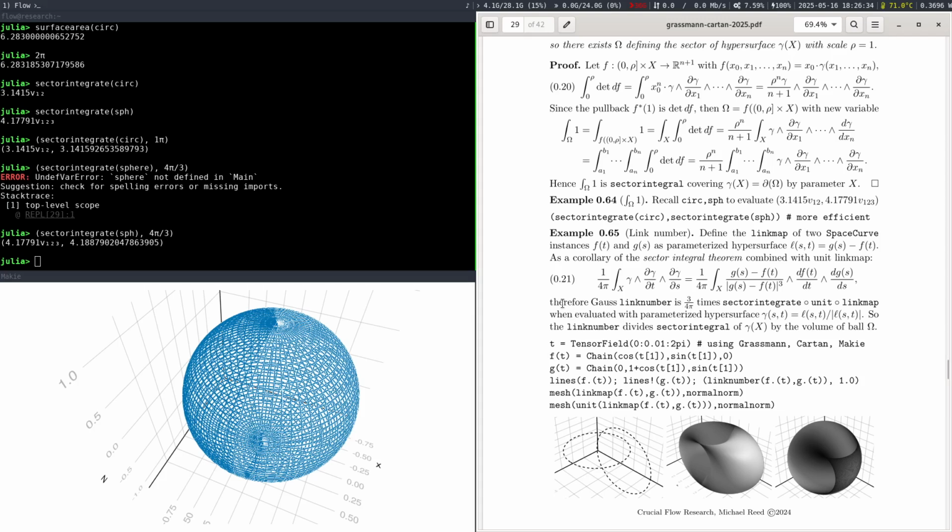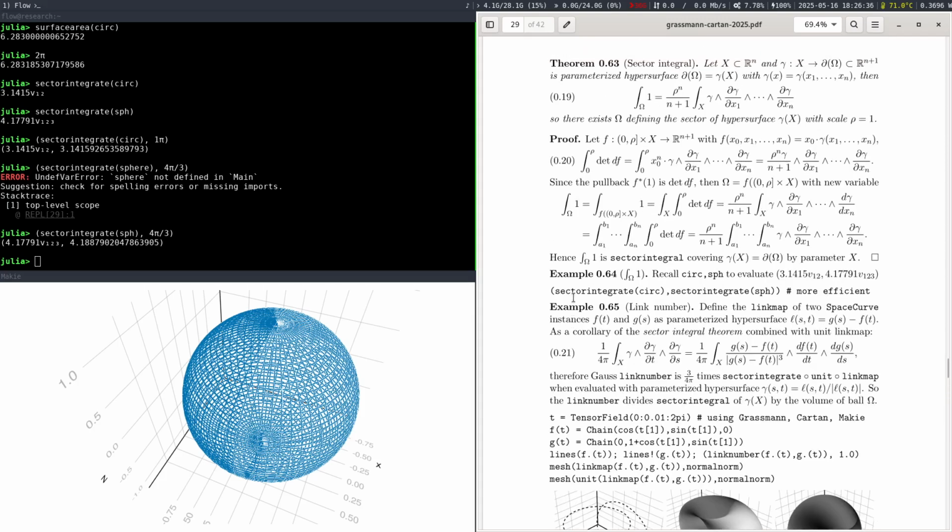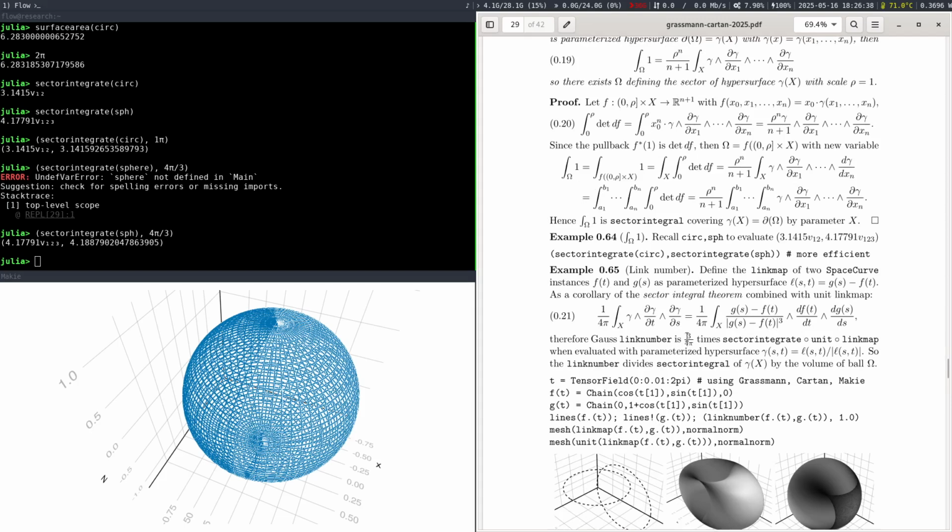What's interesting about this is that it's 4 pi over 3, so you can divide the sector integral of the unit link map by 4 pi over 3. That's the volume of the sphere, okay?